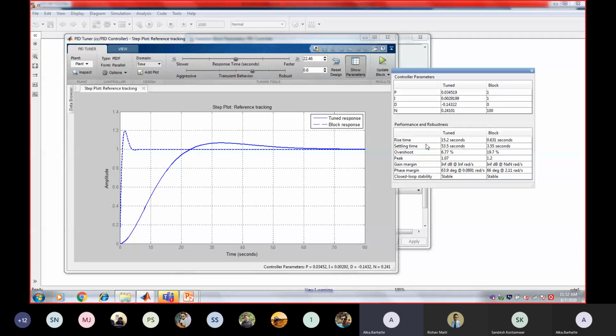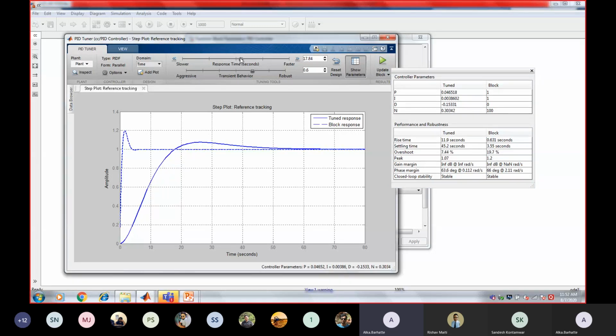Here you can also observe all the analysis parameters: what is the rise time, what is the settling time, what is the overshoot.